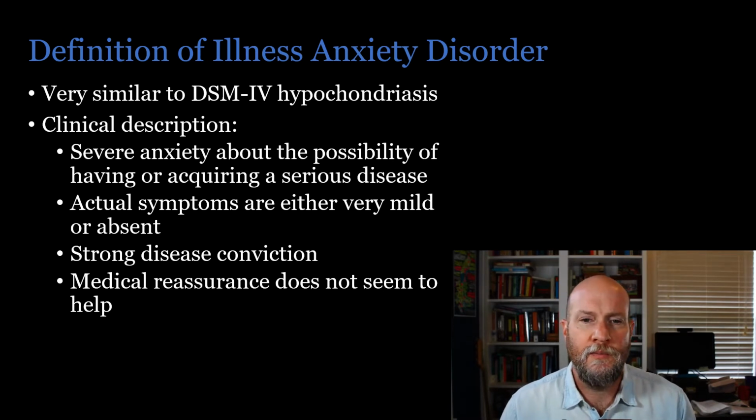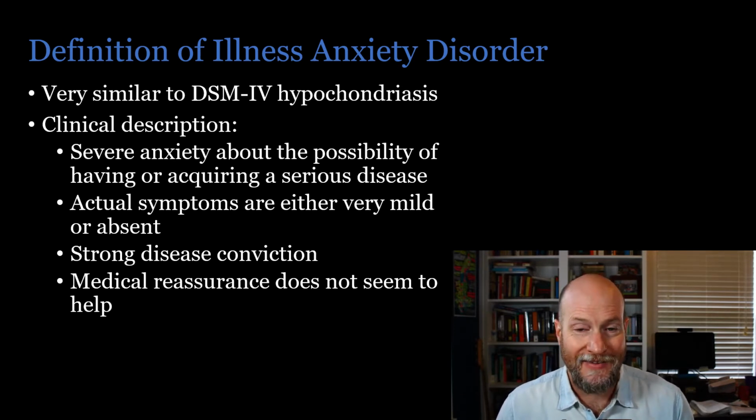In many cases, the person has only mild manifestations, if any, of actual symptoms, but there's an extreme amount of anxiety about having that illness nonetheless. The person is convinced, to a degree that borders on delusional, we might say, that they have this illness. And no matter what reassurance or evidence or imaging or testing they receive from medical providers, they will often remain convinced, nevertheless, that they have the illness.